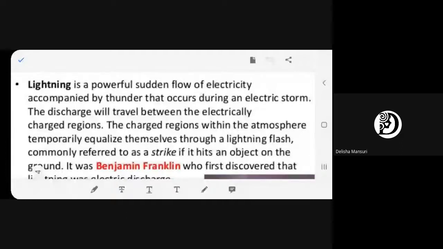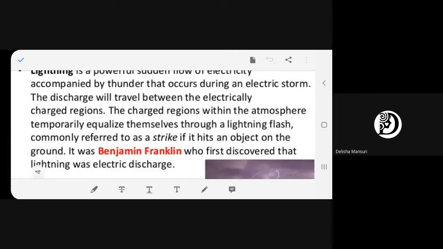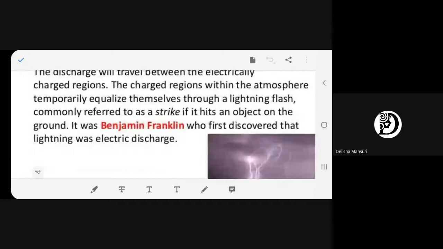The charged regions within the atmosphere temporarily equalize themselves through a lightning flash, commonly referred to as a strike if it hits an object on the ground. It was Benjamin Franklin who first discovered that lightning was electric discharge.